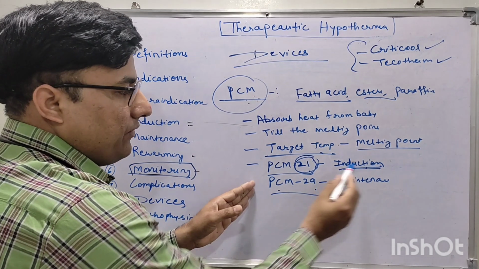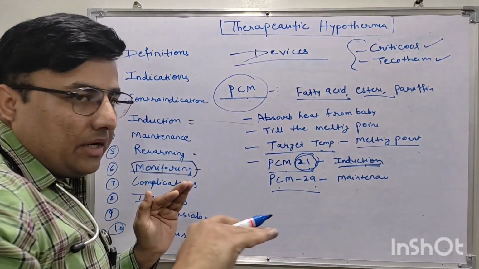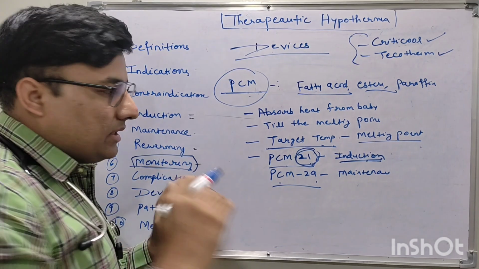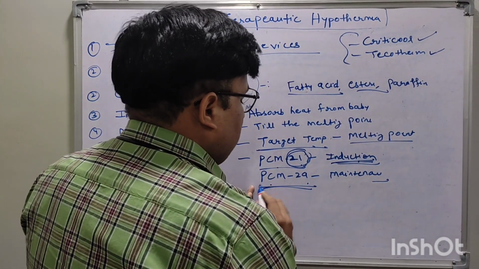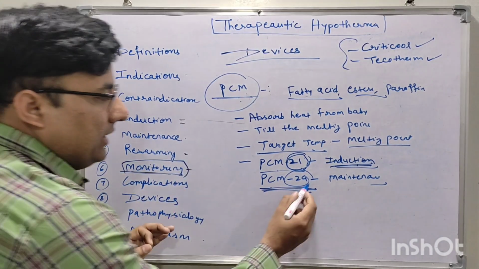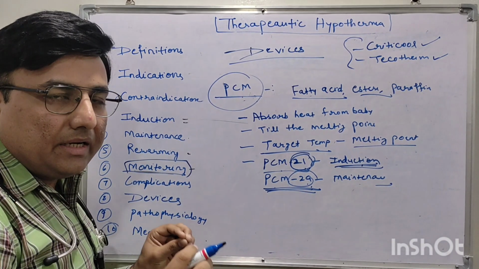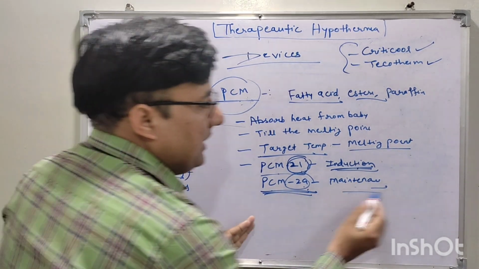Once we have achieved the target temperature, we have to maintain it. For that, in the maintenance phase we use PCM 29, where the melting point is 29 degrees Celsius. So after the induction phase we shift to PCM 29 to maintain that temperature.